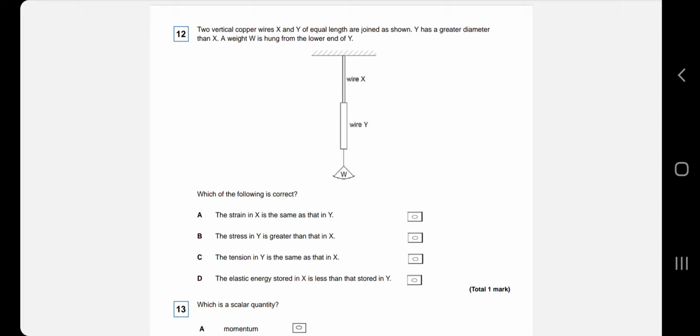So this is very straightforward. Which of the following is correct would be C. The tension in Y is the same as that in X. So the answer would be C. Whenever they're in series next to each other, they'll experience the same force.